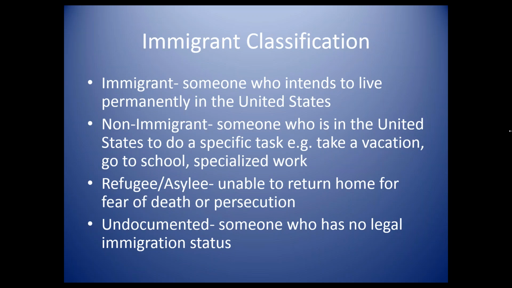An immigrant is someone who is moving or has moved to the United States with the intent of residing in the United States permanently or for 10 years or more. And most of the time you find this with folks who have been sponsored by family members or even folks who have green cards or lawful permanent resident status.